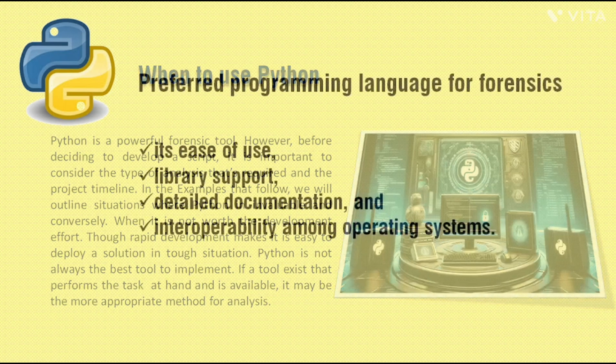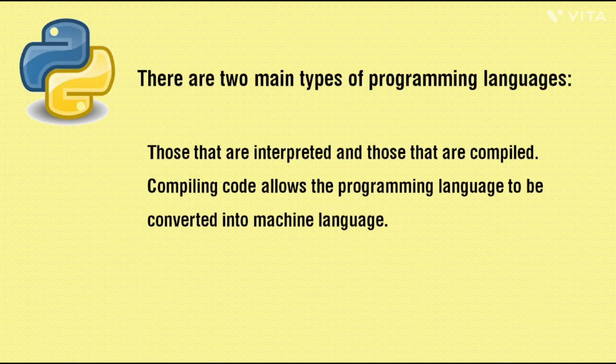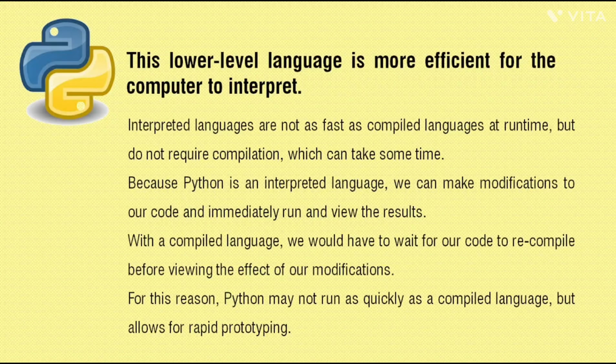Preferred programming language for forensics: Python, for its ease of use, library support, detailed documentation, and interoperability among operating systems. There are two main types of programming languages: those that are interpreted and those that are compiled. Compiled code allows the programming language to be converted into machine language. This lower-level language is more efficient for the computer to interpret.